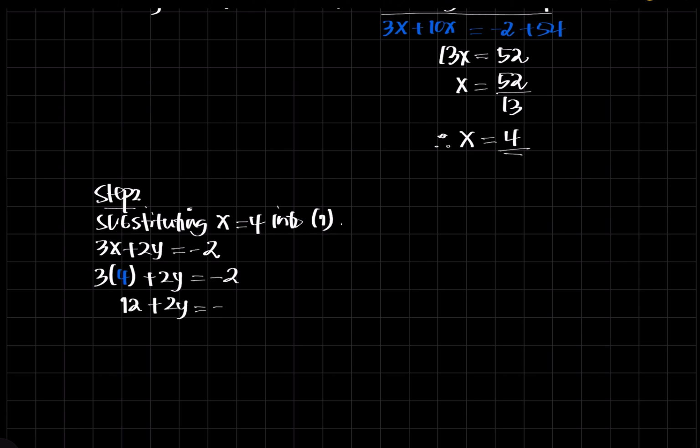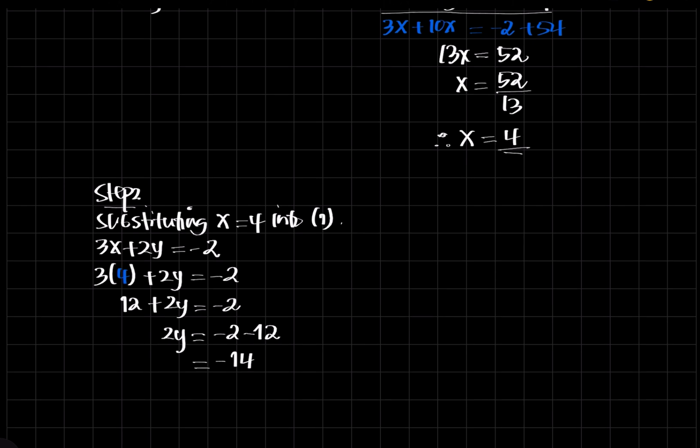So 2y equals negative 2 minus 12, and this is negative 14. And so y, divided by 2, y equals negative 7.